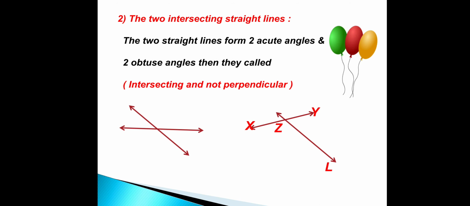Then they are called intersecting and not perpendicular. It has two acute angles here and two obtuse angles here. Two acute and two obtuse. It's called intersecting and not perpendicular.